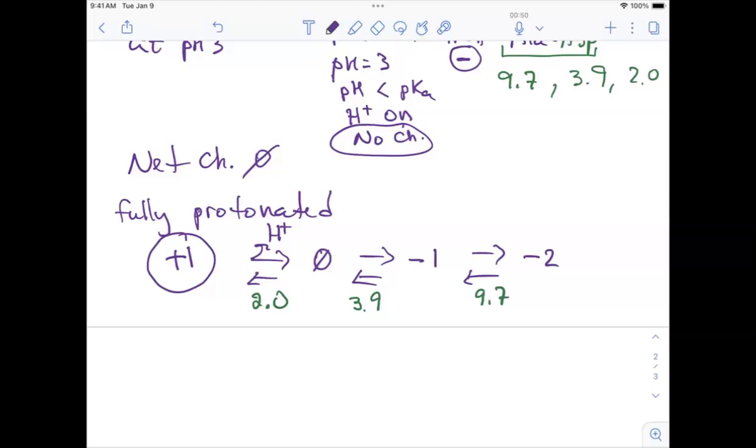And so now with this shortcut, if I ask you what's the net charge on the most abundant form at pH 3, you're going to look at it and say, oh, 3 is between these two, so the net charge is 0. If I ask you what it is at pH 10, 10 is higher than 9.7, so net charge is -2.